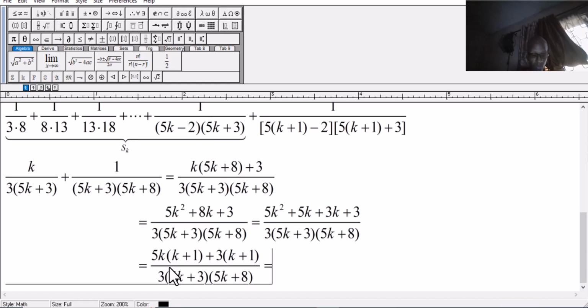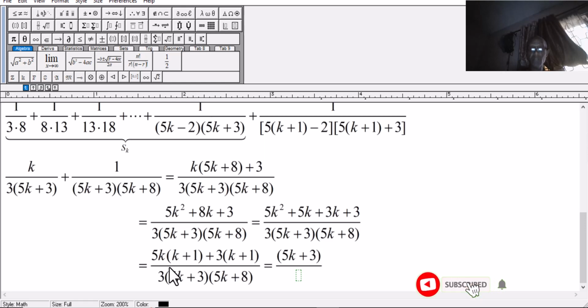So you can still work on this. So we have 5k plus 3, bracket close, then k plus 1, then 3 into bracket 5k plus 3, then 5k plus 8.